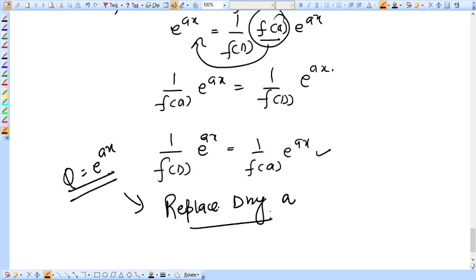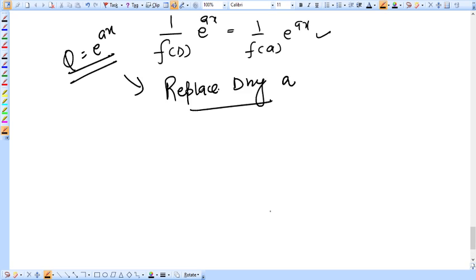And one more thing I would like to tell you here. See, 1 upon f(D) e raised to power ax is equal to 1 upon f(a) into exponential ax.